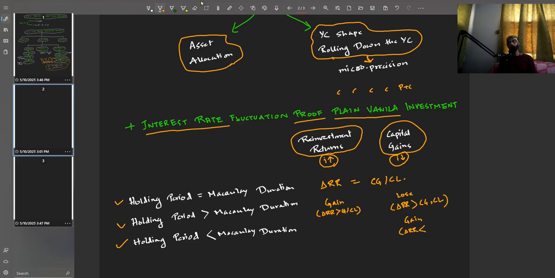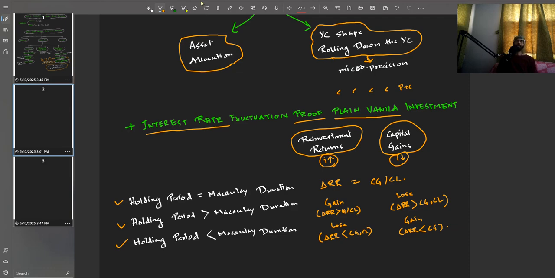They are less important than the capital gains, right? On the other hand, if interest rates rise, your reinvestment returns will increase, but that is less important than your exposure to your capital gains or capital losses. So here you will lose more due to capital losses than the gains that you make due to your reinvestment of coupons. So here you lose.